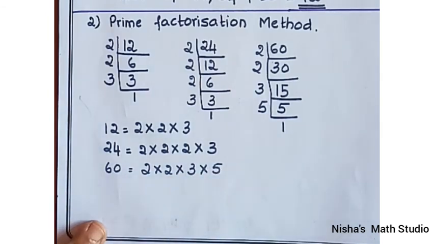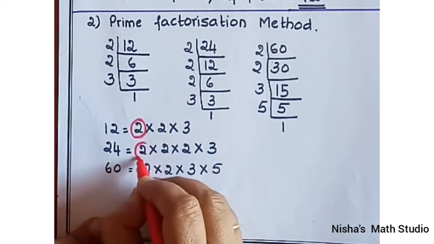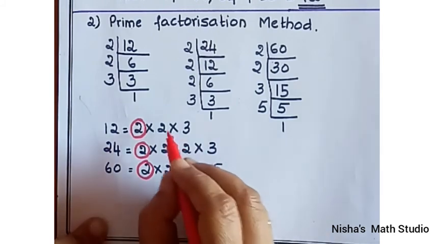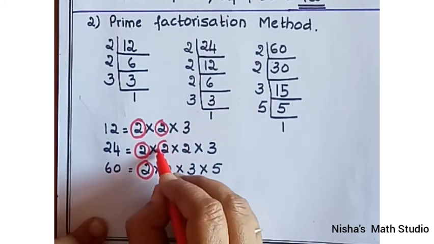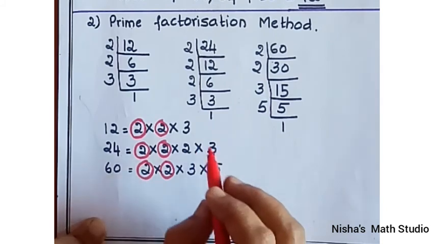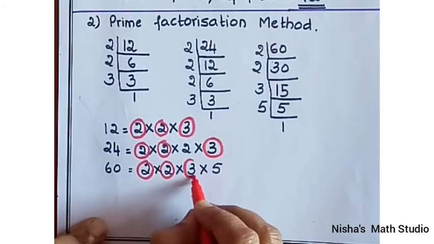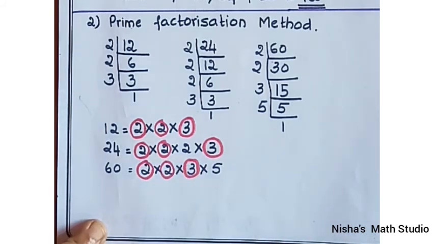The second step is to mark the common factors for all this. 2 is common. Next, one more set of 2 you have which is common. 2, 2 and 2 here. Now, next, it's 3, isn't it? 3, 3 here and 3 here. So, you have the common factors here. Now, how do I find the HCF here?